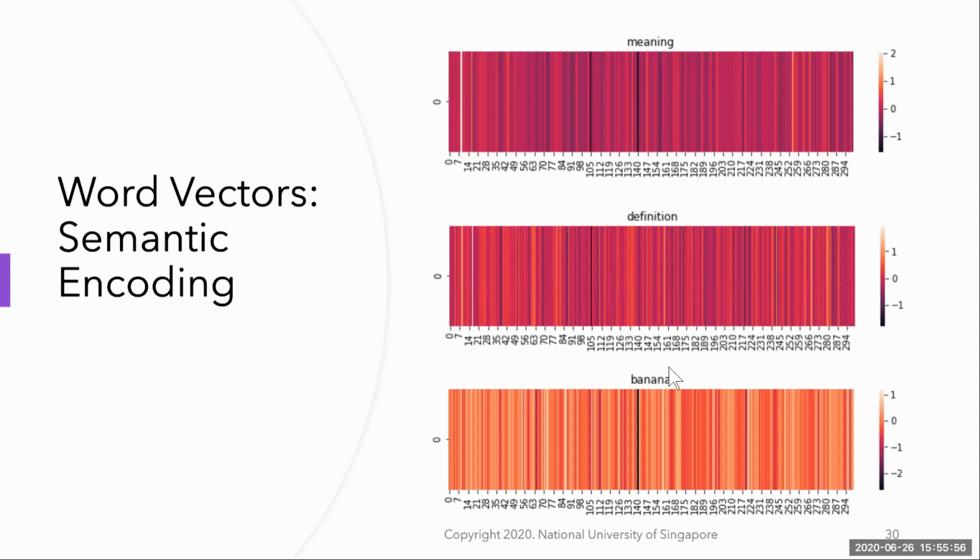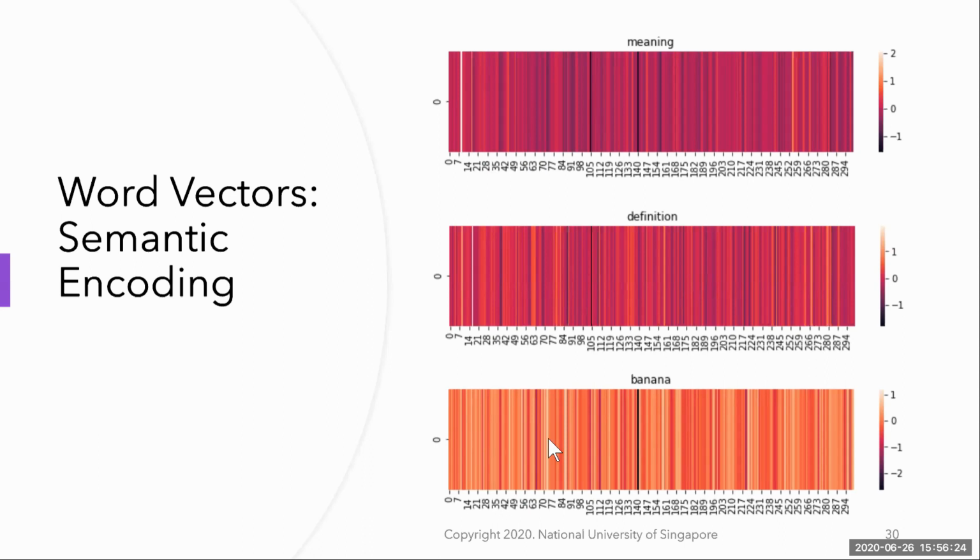And if you compare to something else, banana is a favorite example in spaCy. If you look at spaCy examples, you see banana everywhere. You see banana is very different. You can tell just by the color, not even caring about the magnitude of the numbers, that banana is a completely different thing, a completely different meaning.